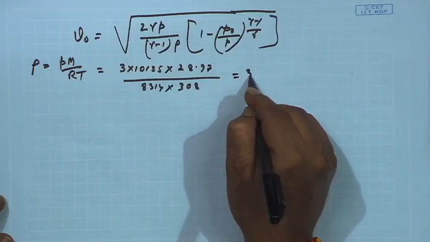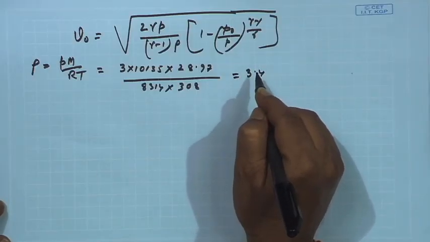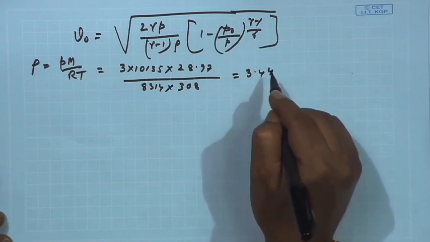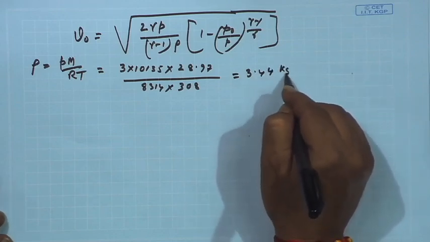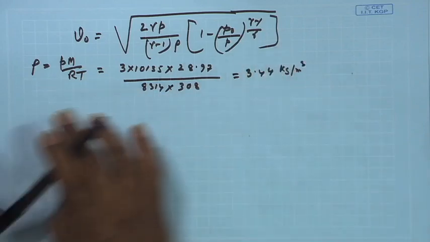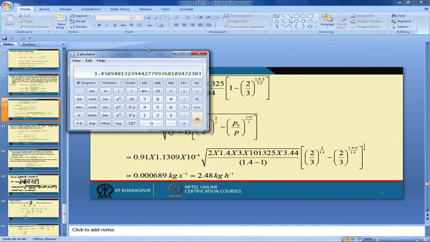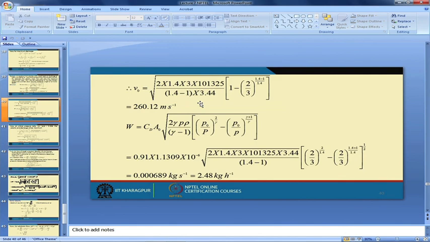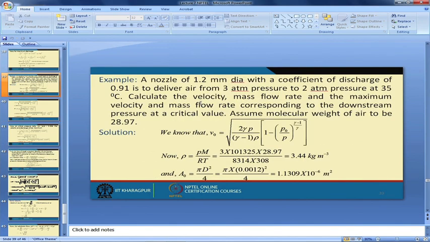So, 3.4389, that means you can take 3.44, right, kg per meter cube. So, if we take this, then we can say that rho is so much.